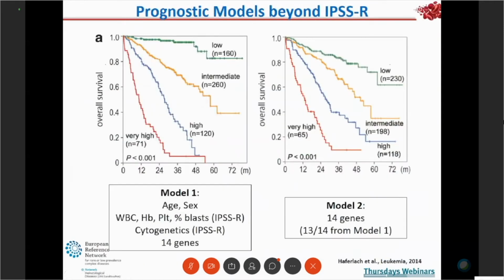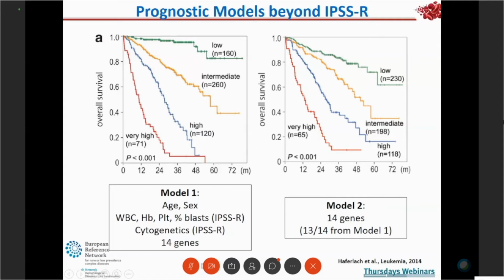This is another important attempt, that is to evaluate patients only by the type and number of mutations, evaluating only 14 genes. The authors have been able to stratify patients in an excellent way prognostically regarding overall survival.